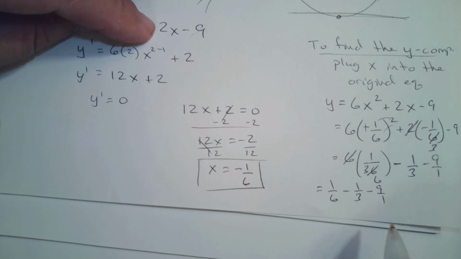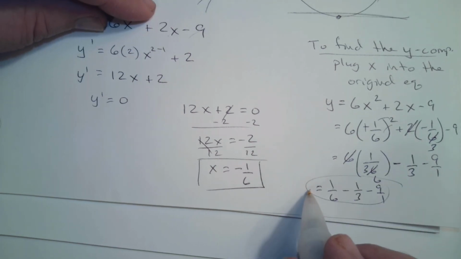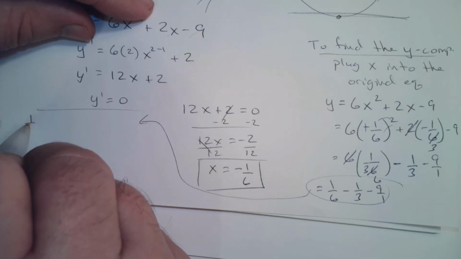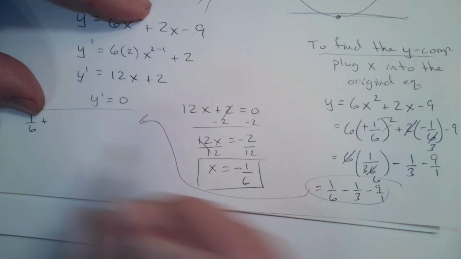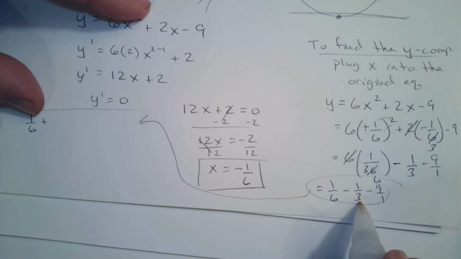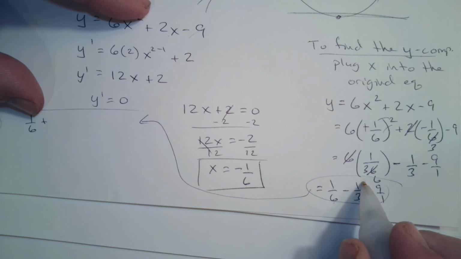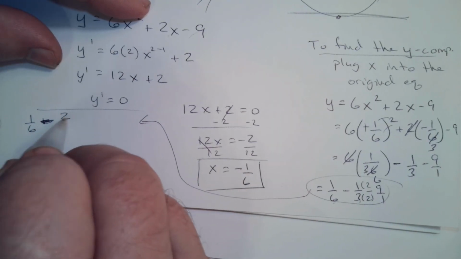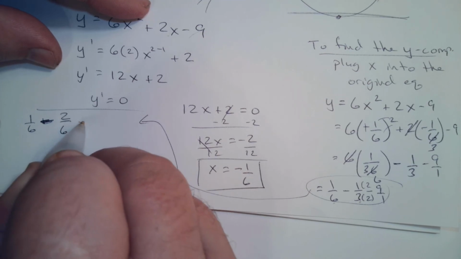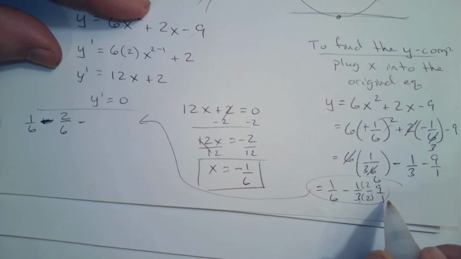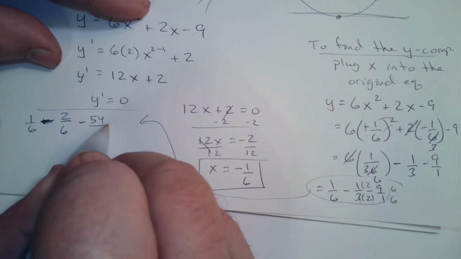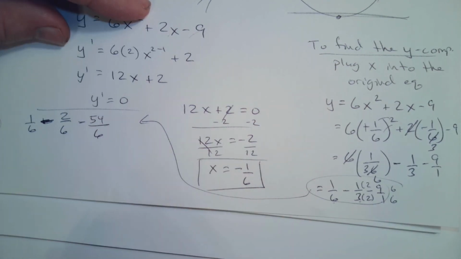Get a common denominator. Let me come over here. So 1 over 6. The LCD is going to be 6. So here, what times 3 equals 6? I have to multiply top and bottom by 2. So it's minus 2 over 6. What times 1 is 6? 6. So we have 54 over 6.